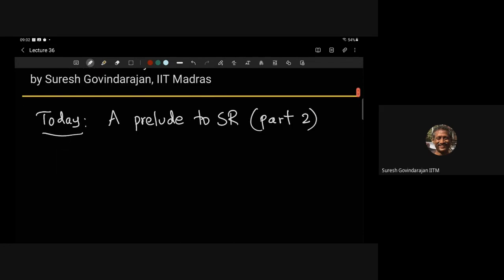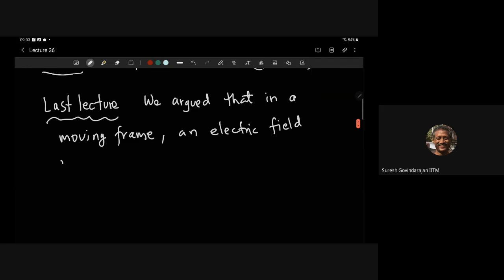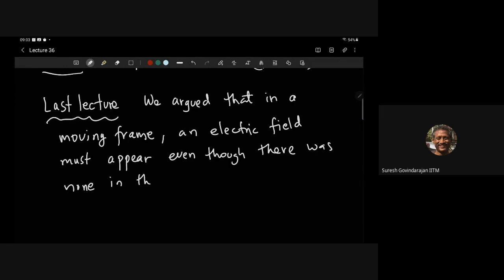Last lecture we argued that in a moving frame, an electric field must appear even though there was none in the initial frame, the first frame.